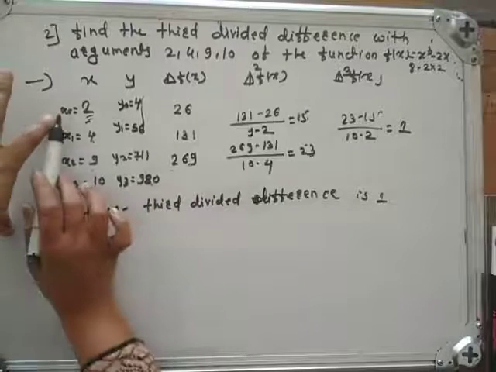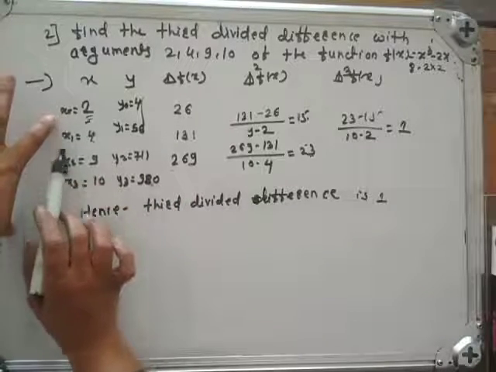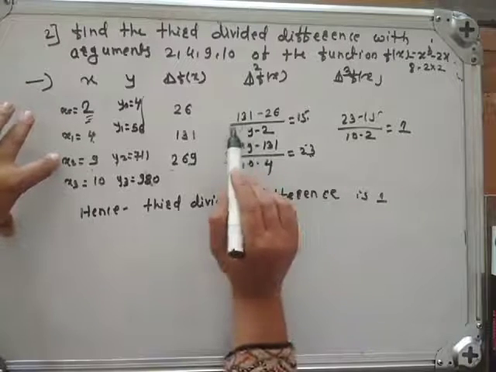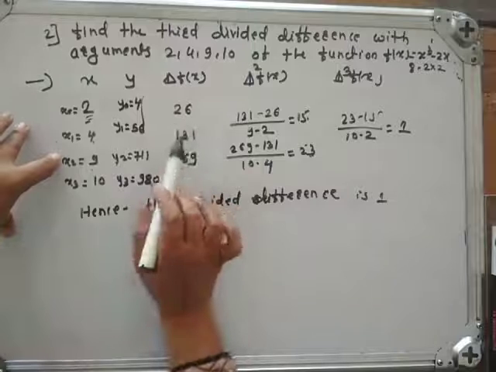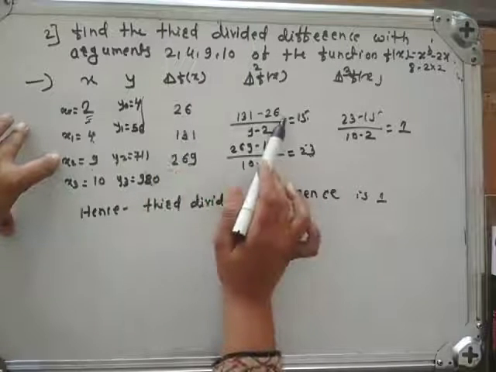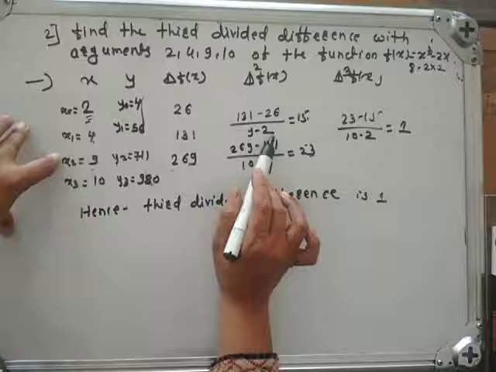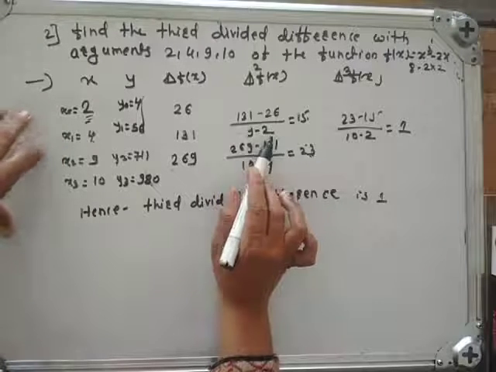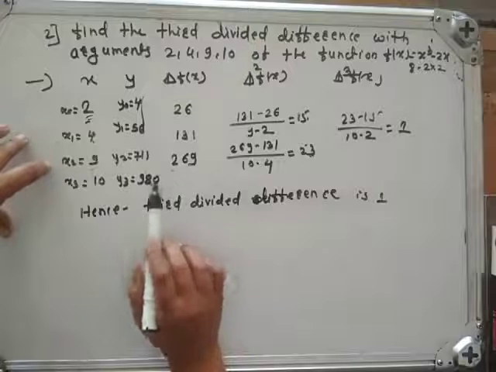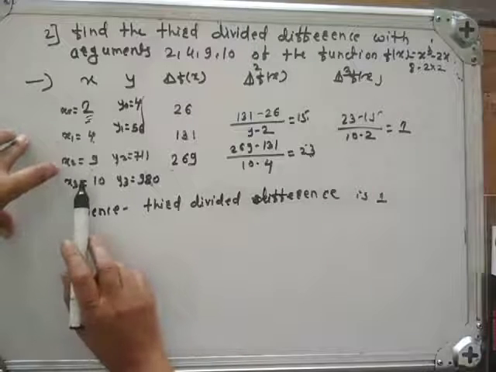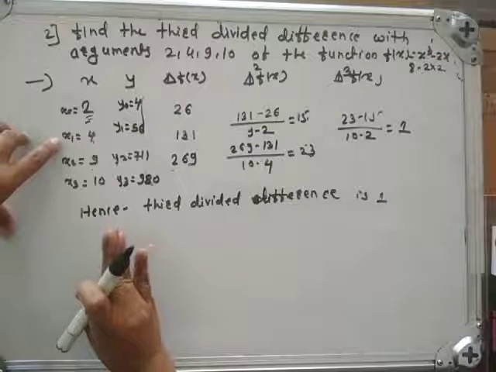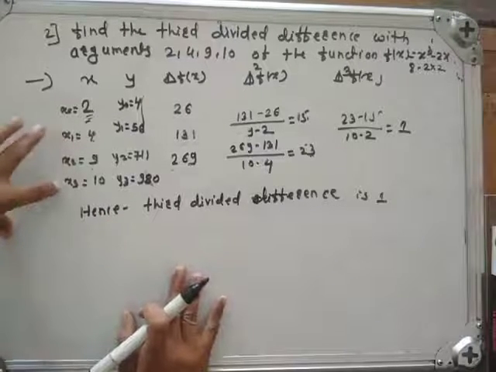Students, see here, up to this you have no problem, but see here, we have to calculate the second divided difference for x0, x1, x2. So here is 131 minus 26 and your formula is x2 minus x0. So here is 9 minus 2. Next, you have to calculate the second divided difference for x1, x2, x3.